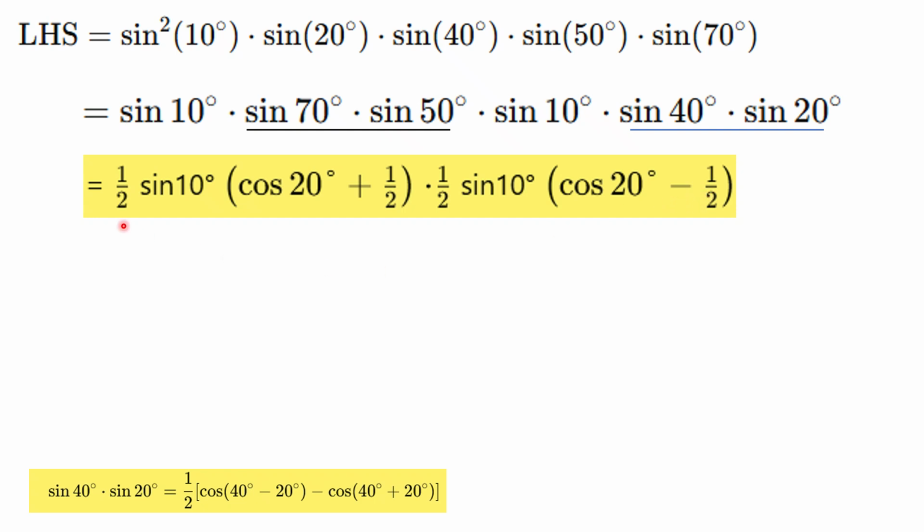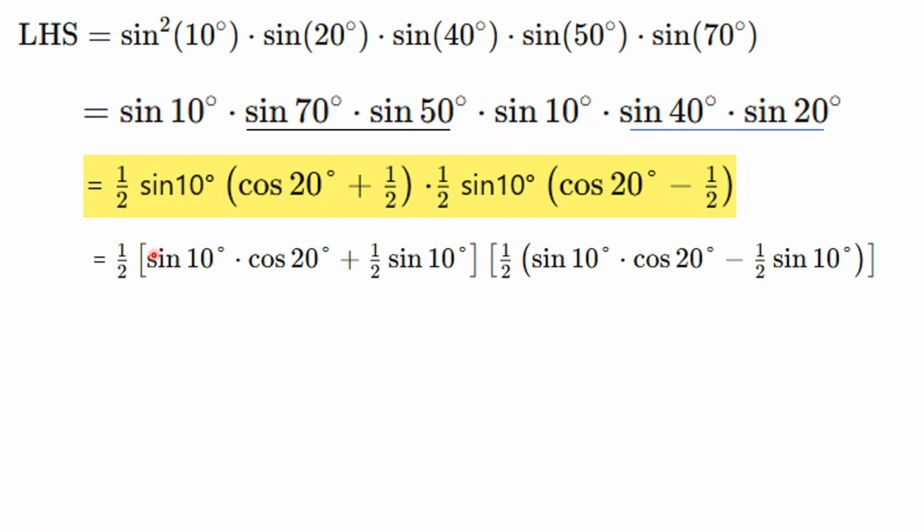Now let us multiply each term by sin 10. That is, we have 1 by 2 as it is, sin 10 into cos 20 plus 1 by 2 into sin 10 in the first term of the product. In the second term, let us keep 1 by 2 as it is and let us multiply again by sin 10. So we get sin 10 into cos 20 minus 1 by 2 into sin 10.